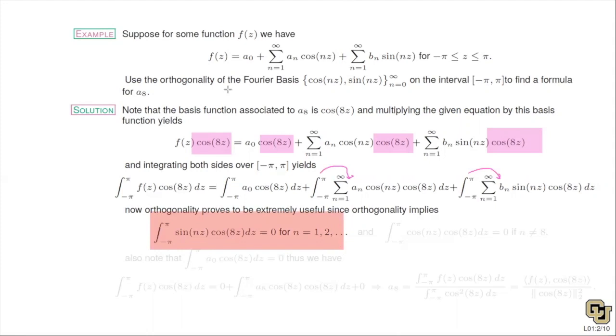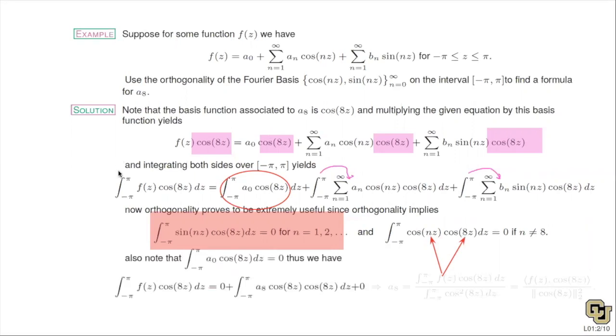And for all the other terms, the ones that are cosine, again because of the orthogonality, all of those integrals will be 0, except when n is equal to 8. Right here, when n is the same as 8, then the integral will not equal 0. That's the only time.